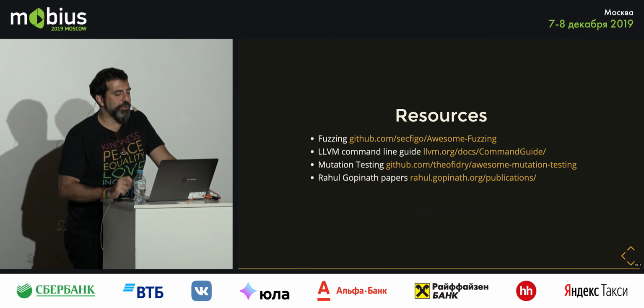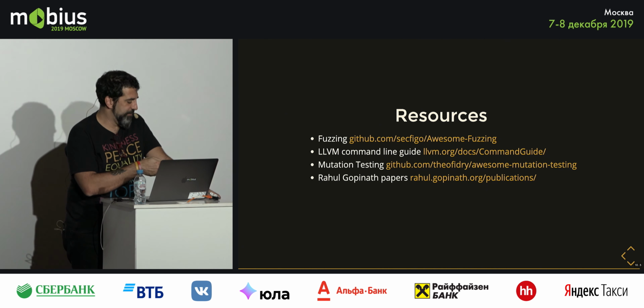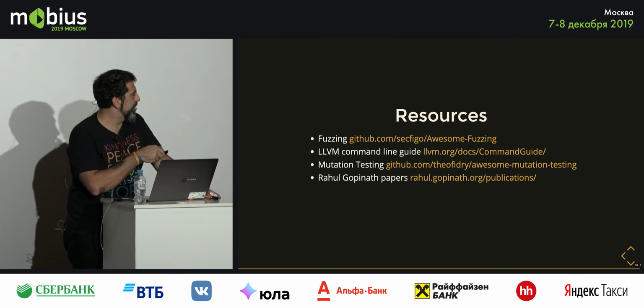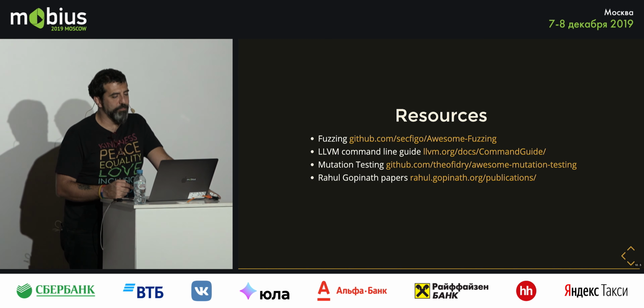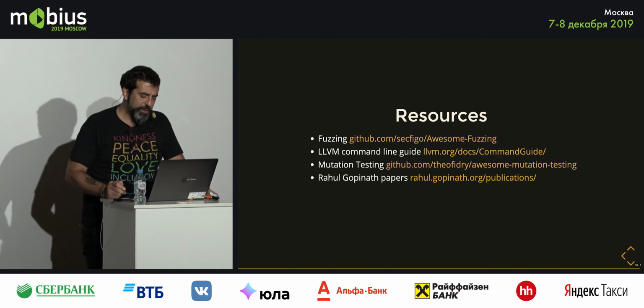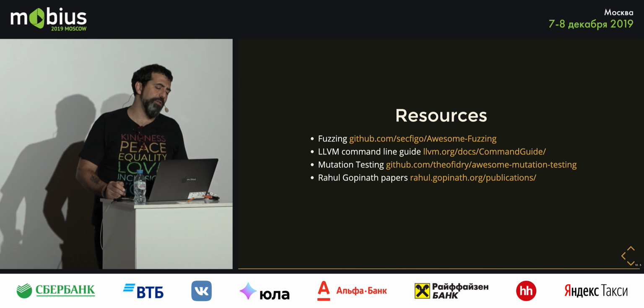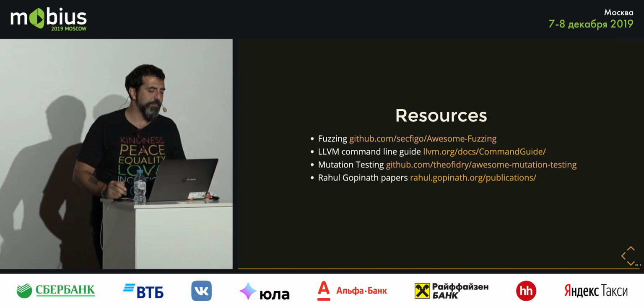There are a lot of resources that you can start to explore. One about fuzzing is a Git repo that is maintained pretty often, and there are a lot of interesting papers, slides, presentations, and so on. The LLVM command line, because starting to use mutation testing, you need to understand what is going on with LLVM.